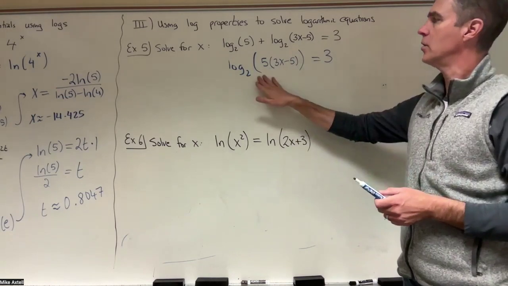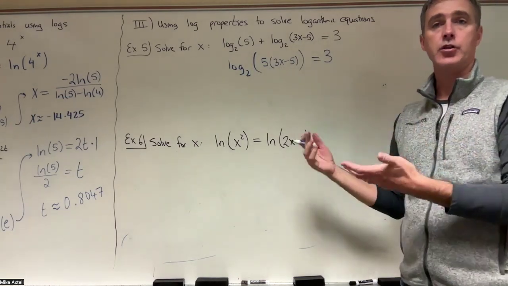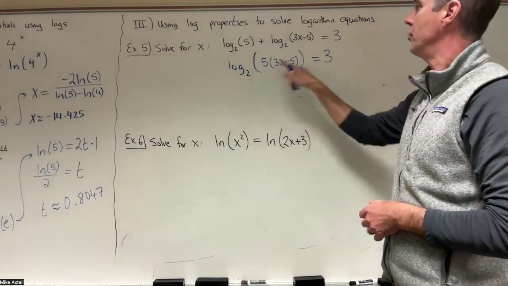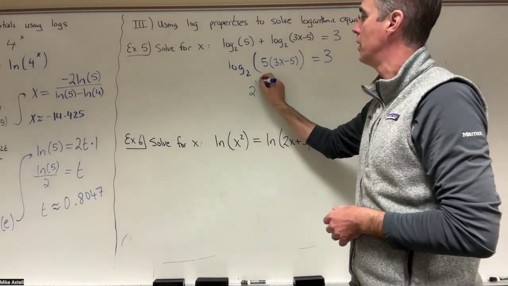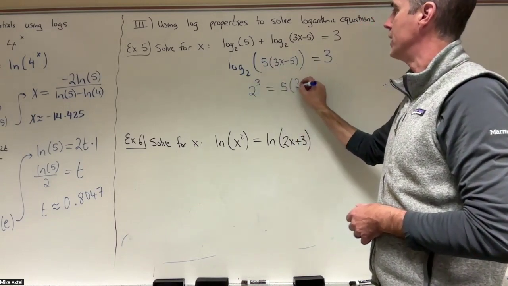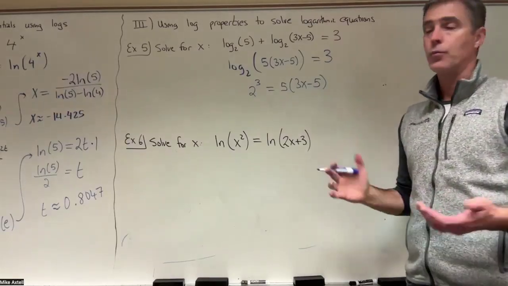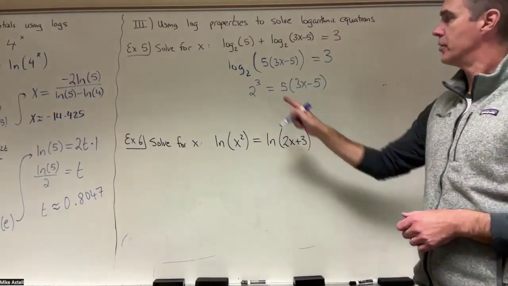So now I have a single logarithm equal to a number, and I can just flip this to its exponential form. So that would tell me that 2 cubed is equal to this thing, 5 times 3x minus 5. All right, well, now we're just in happy algebra land. 2 cubed is 8.